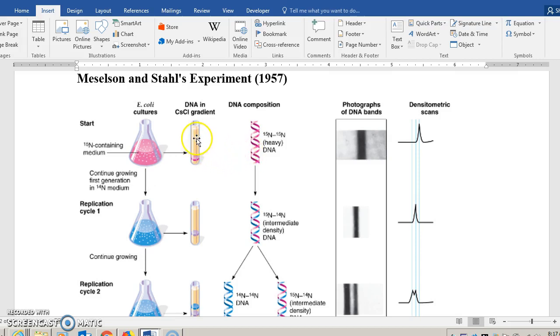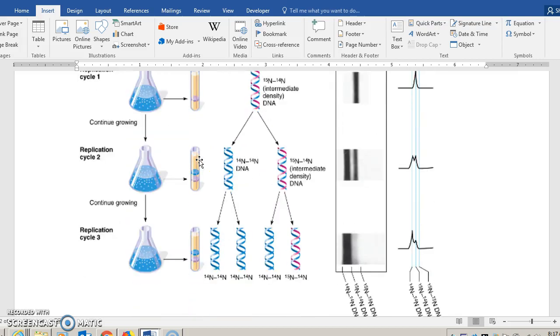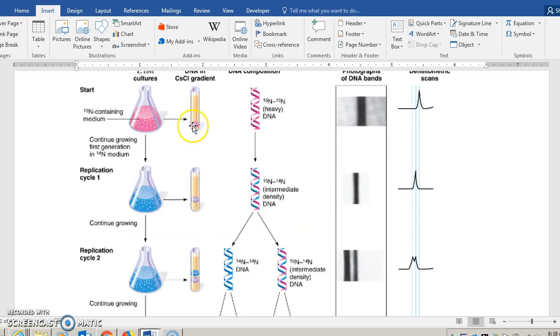And they put that into a centrifuge, had the cesium chloride in it, spun it down, and it would be at a certain level. And if you notice, it's a little bit subtle here, but notice it's lower in the tube because it's heavier. And they show the makeup being homogeneous of nitrogen 15.